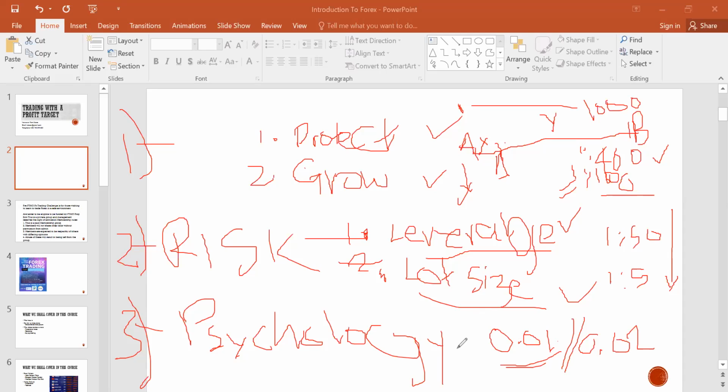But today, we will stick to 0.01, and maybe I might allow you to do 0.02. It's a lot riskier. All right, so that is as regards risk. There are those two things that you'll meet, and you will not see a lot of difference, but in terms of your trading and the output, yes, there will be a difference depending on what your leverage is and what your lot size is.